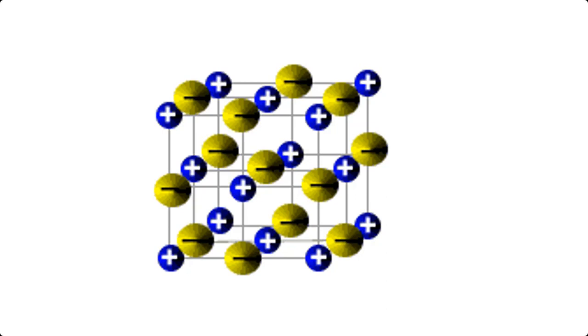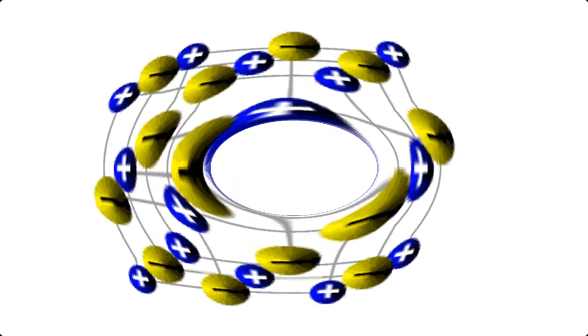So these ions are attracted to each other, forming a lattice structure. The lattice structure is a three-dimensional shape as a result of electrostatic force between positive ions and negative ions. So if you want to destroy a lattice, you need a lot of energy to destroy the bonding between them. So that's why, as we told you before, they have high melting and boiling points.